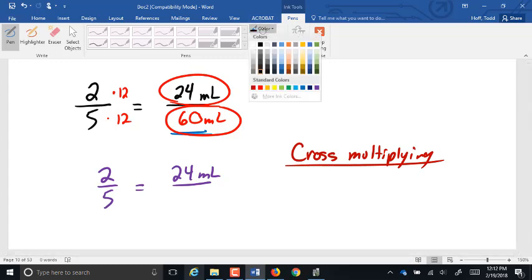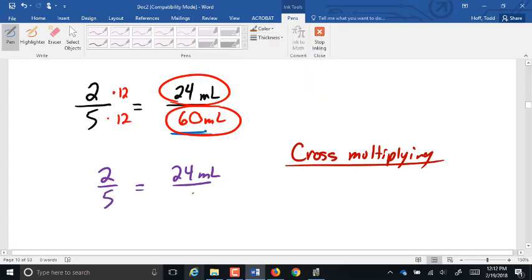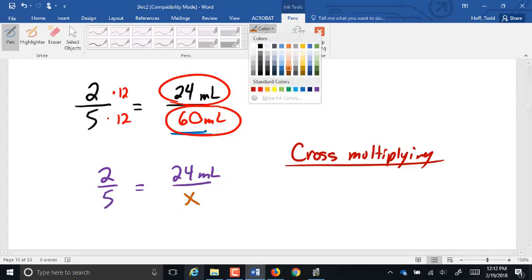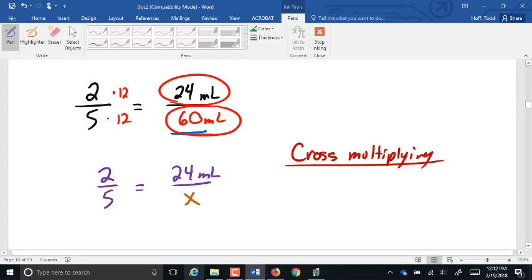What cross multiplying says is when I have two fractions that are equal to each other, I have a missing number in that one. If those two fractions truly are equal, in this case, two ratios as fractions, the cross products will also be equal. So the cross products are multiplying the two numbers that are diagonal to each other. 5 times 24 milliliters is 120 milliliters.